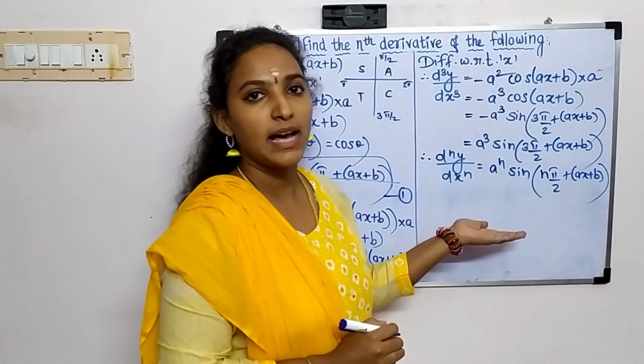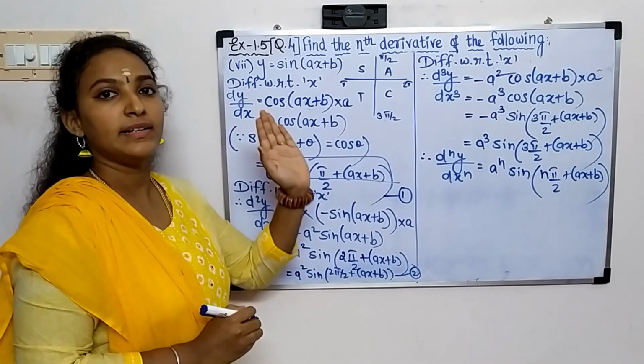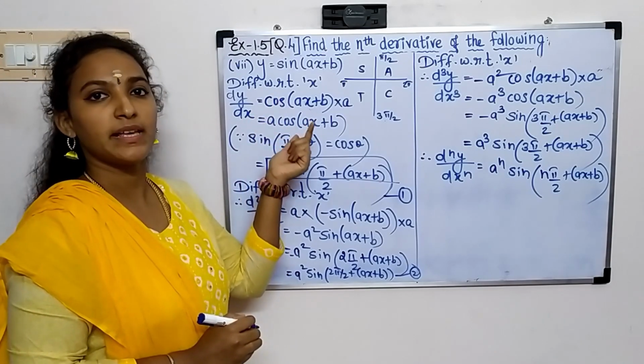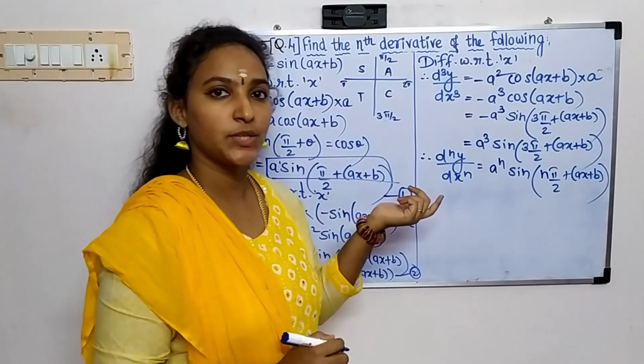Yes, this is the answer for question number 7. Okay, if you understand question number 6 perfectly, then question number 7 you can solve it in minutes. Okay, now we can move on to the next question.